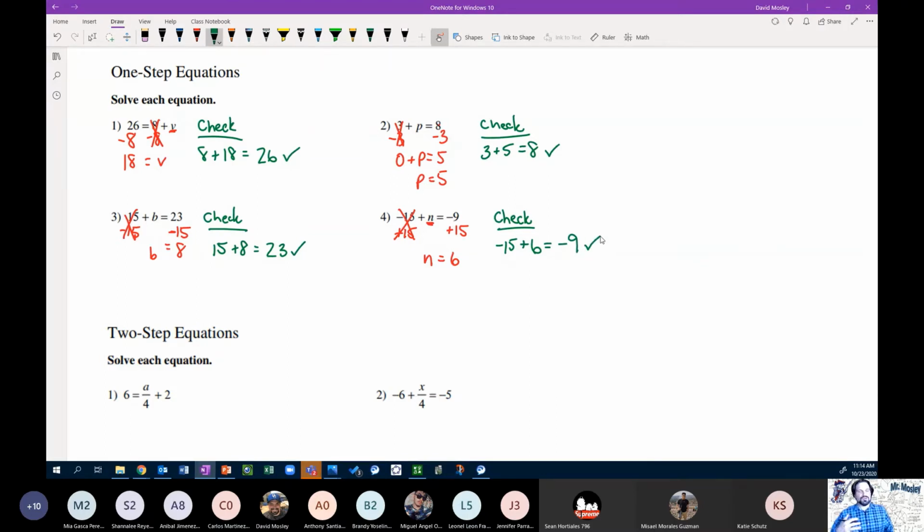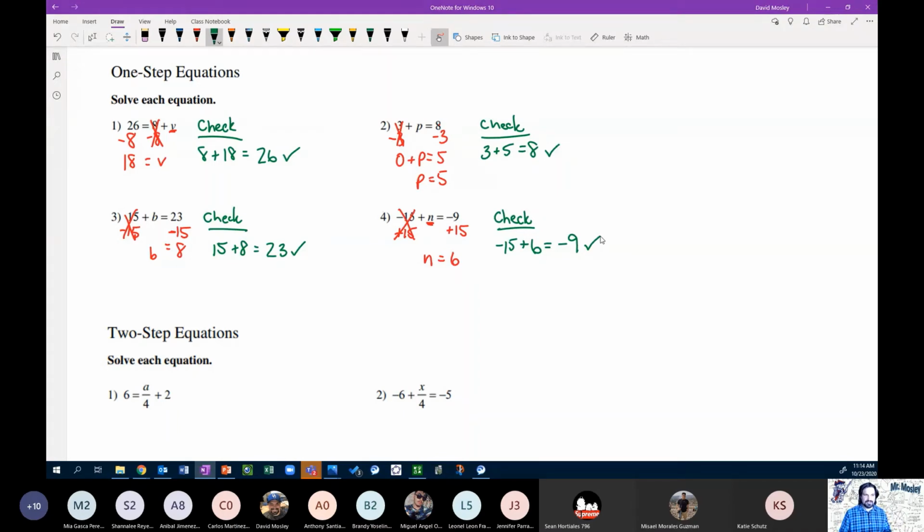Okay. We want to check our work because we need the habit of not just assuming what we did was correct every time. The most common mistakes in math from high school through college is making an addition or subtraction error.